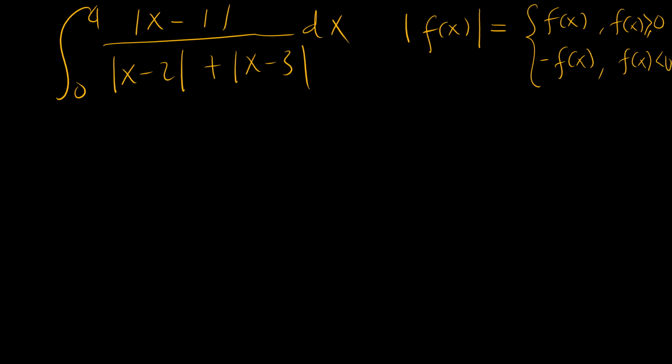That's what it means. So with this in mind, we see that x minus 1, x minus 2, x minus 3 have phases for which they are negative.